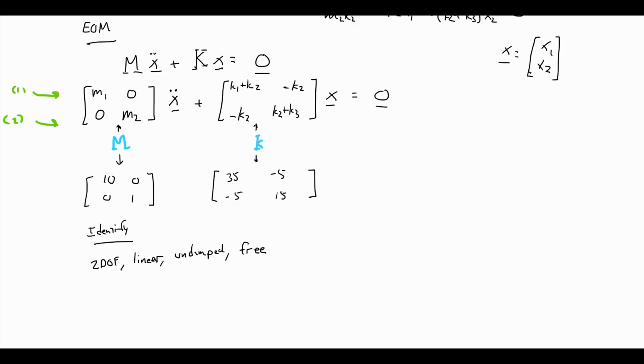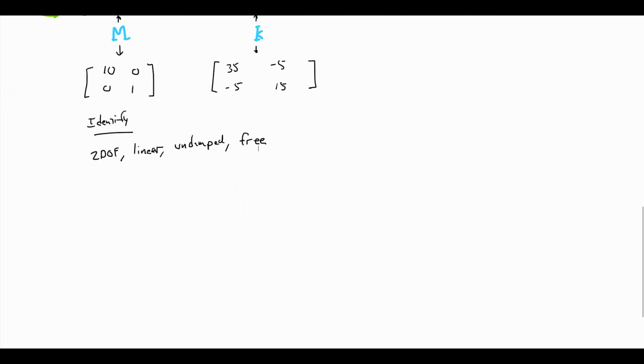With the identify step complete, with it fully identified, let's look at what the general solution looks like. So x of t, again as a vector since it's x1 and x2, will be in the form, for a system in this format, c1 chi1 cosine(omega 1 t plus phi 1) plus c2 chi 2 cosine(omega 2 t plus phi 2).